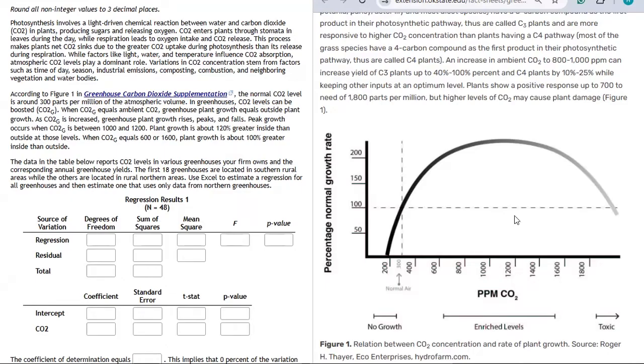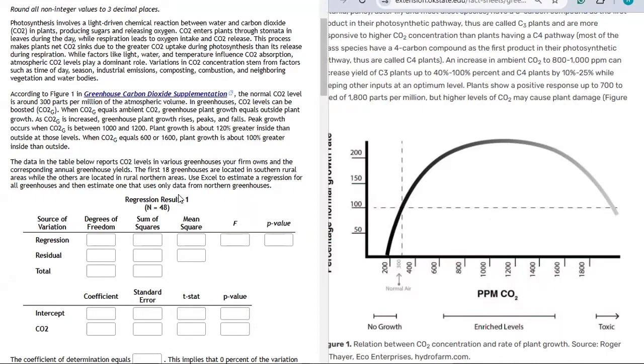So if you go straight up from 1,200 and straight up from 1,000, we see we're at the peak. And then beyond 1,200, plants are still doing better inside the greenhouse than outside the greenhouse. But once you get to this dashed line, which represents plant growth being the same inside relative to outside, that occurs at about 2,000 on the high end and about 300 on the low end.